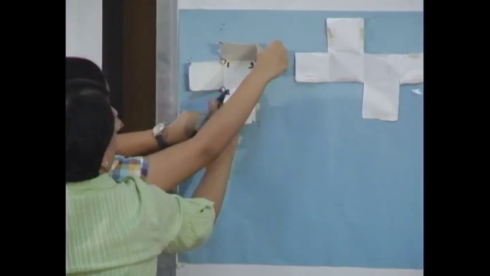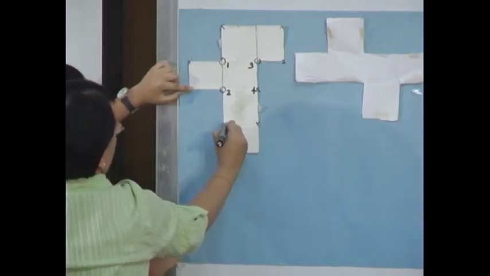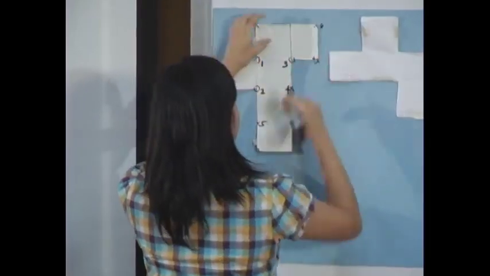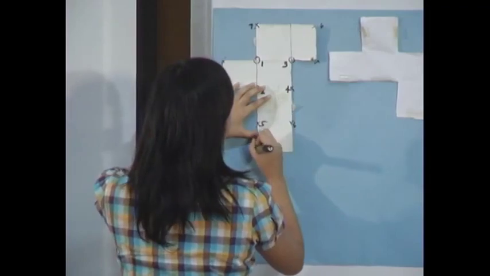So if you fold it that way, will this be a vertex? Yes. With what? This one. Okay, so you place here, say 5. So, continue. Try to fold, you should have 8. So 6. Then you have 7.